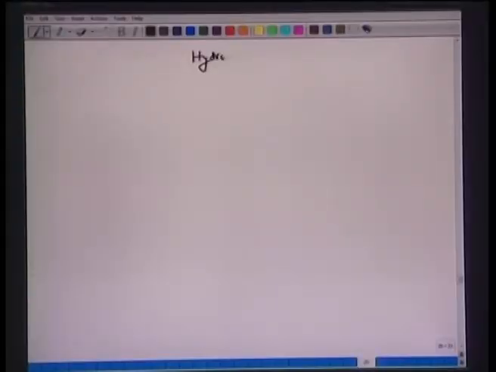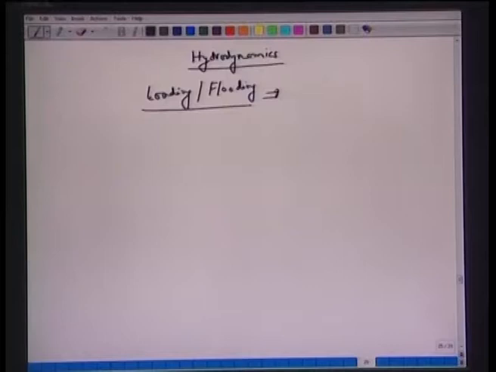Okay, so in this lecture we look at very small aspects of this hydrodynamics, but they are very important. We said we have loading and flooding, and we must realize that this will happen in a situation like this: counter current flow. If the liquid velocity is very large, it's possible that we will have flooding.